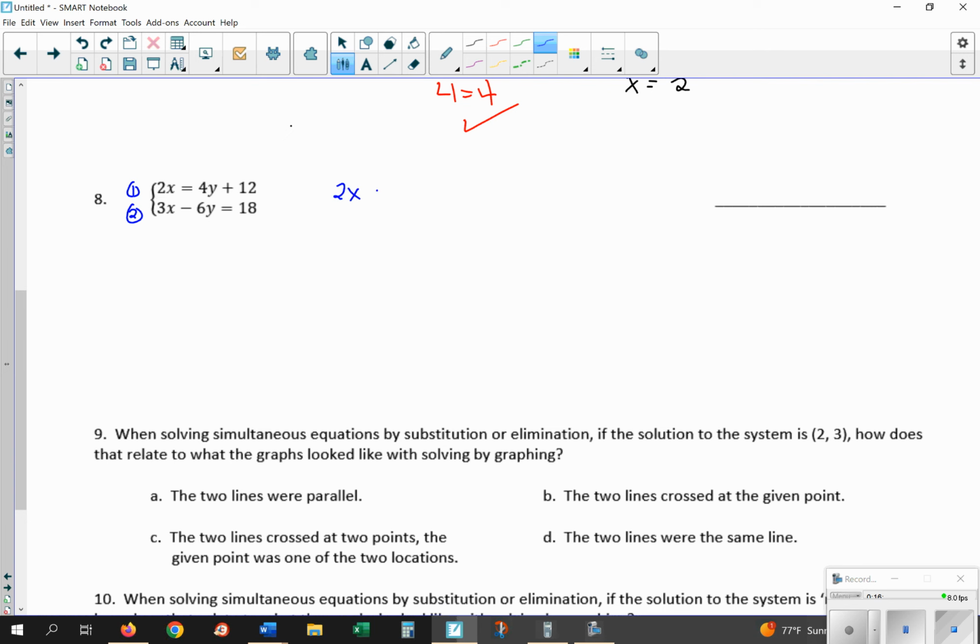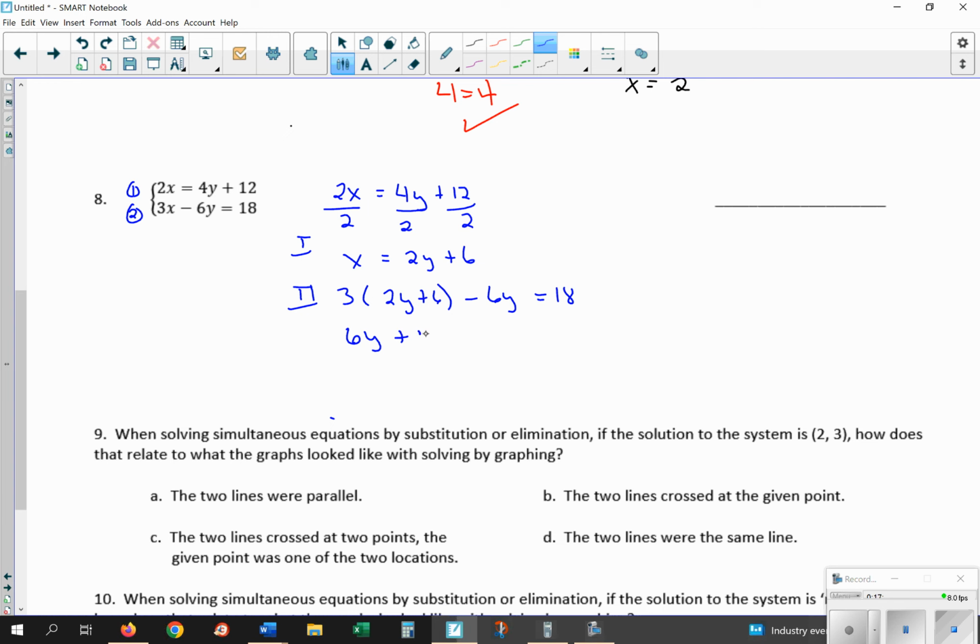So if I take that 2x equal to 4y plus 12 and divide everything by 2, I have the equation x equals 2y plus 6. There's my step 1. Step 2 says we're going to go now to the other equation and plug this in for x. So in place of x, we'll have parentheses 2y plus 6 minus 6y equals 18.